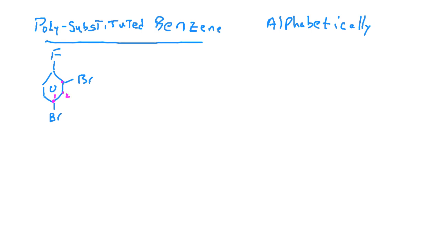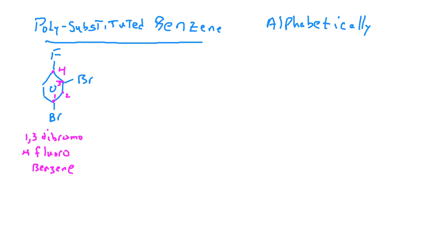So I think I would name this 1,3-dibromo. Remember, there's no para, ortho, or meta. Now we just number. So it's 1,3-dibromo, 4-fluorobenzene. I think that would give us the lowest combination. So the bromines are on 1 and 3, and the fluorine is on carbon 4.